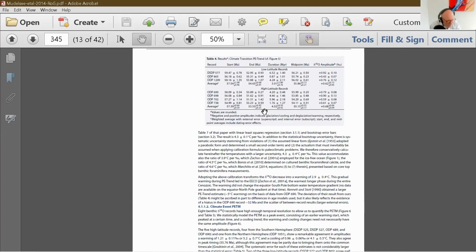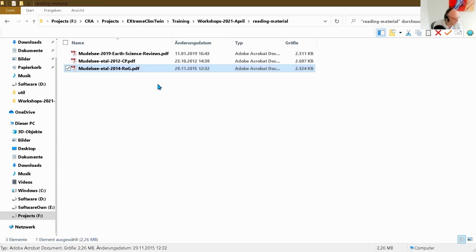You have that for all the different transitions. So it took me, I think, 3 years or so to finish everything. But I'm still quite happy with that paper. So if you are interested in paleoclimate, or you have people from paleoclimatology, perhaps it's interesting for them. Then let me go briefly to the paper I mentioned.